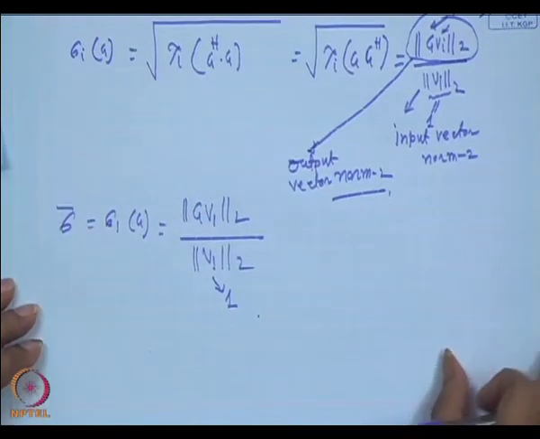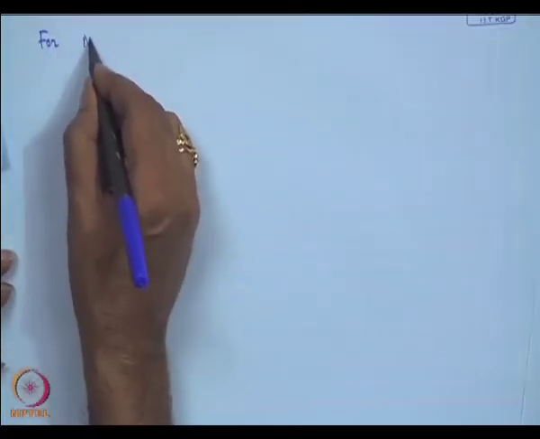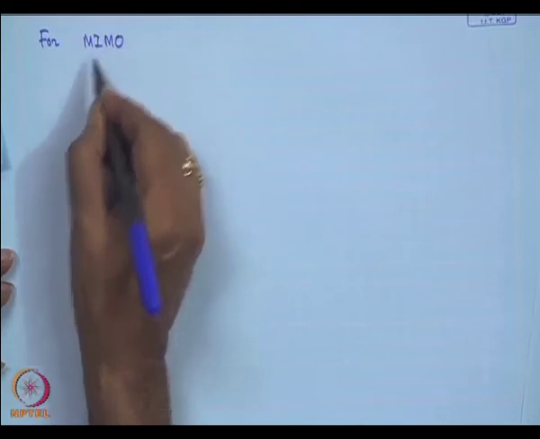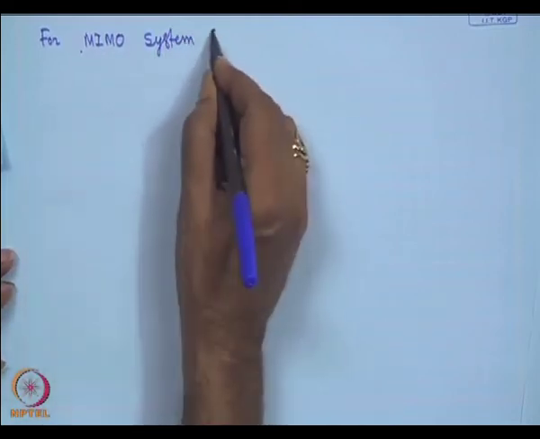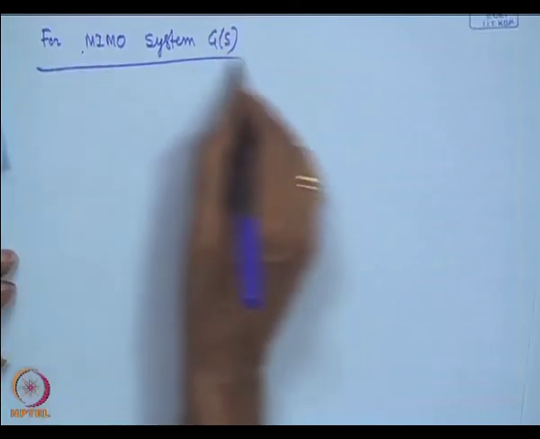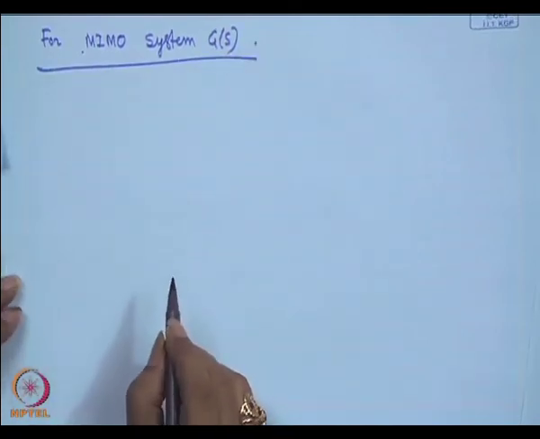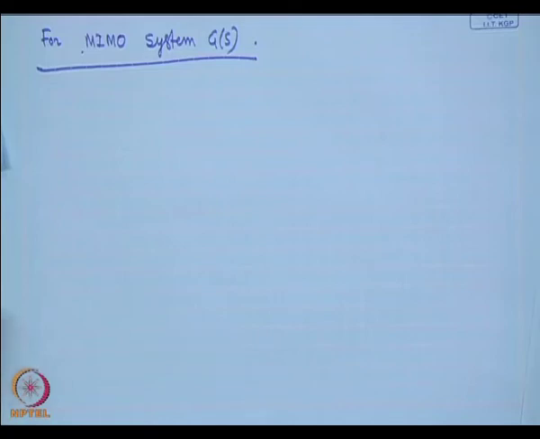Now I will go to the multi input, multi output system G(s). Just now we have seen that the gain of the system depends not only on the frequency, but for the multi input case also on the direction of the input vector. Agree?